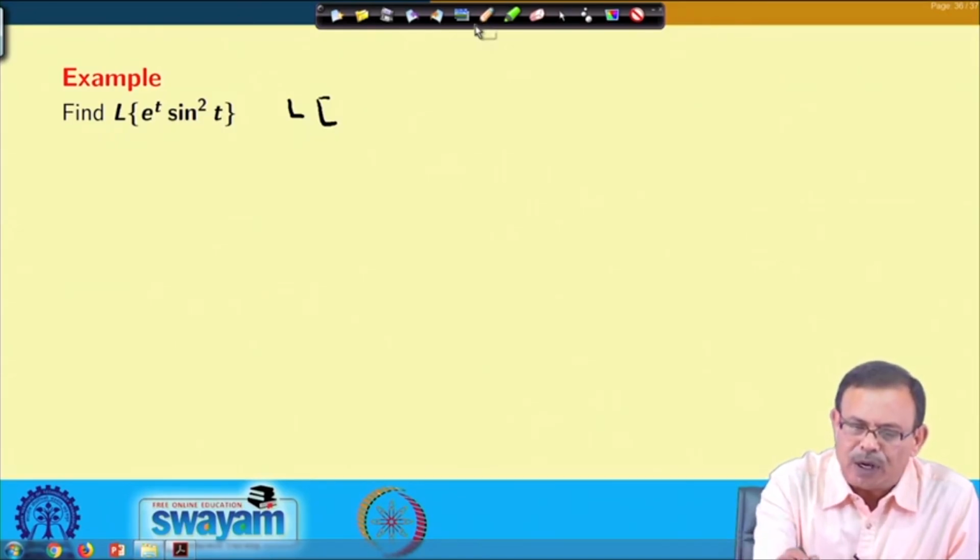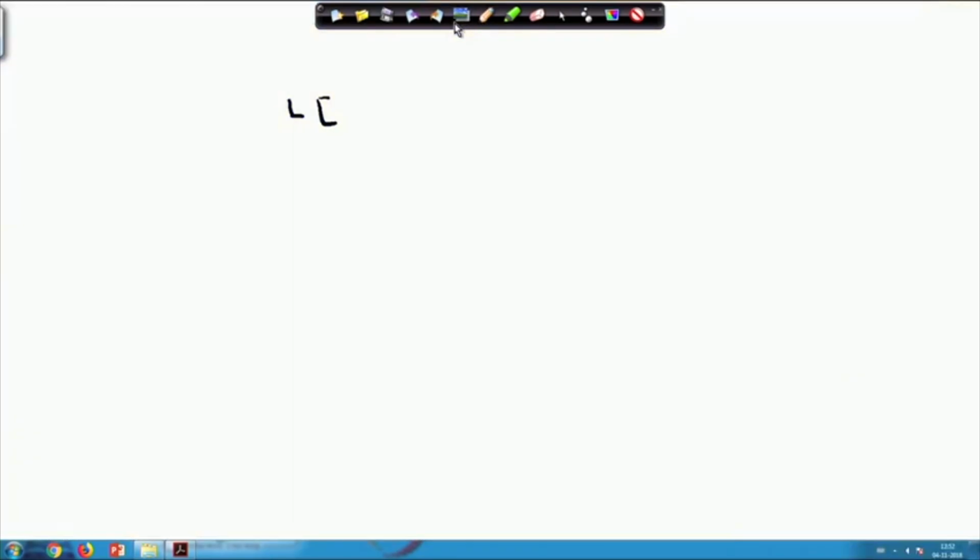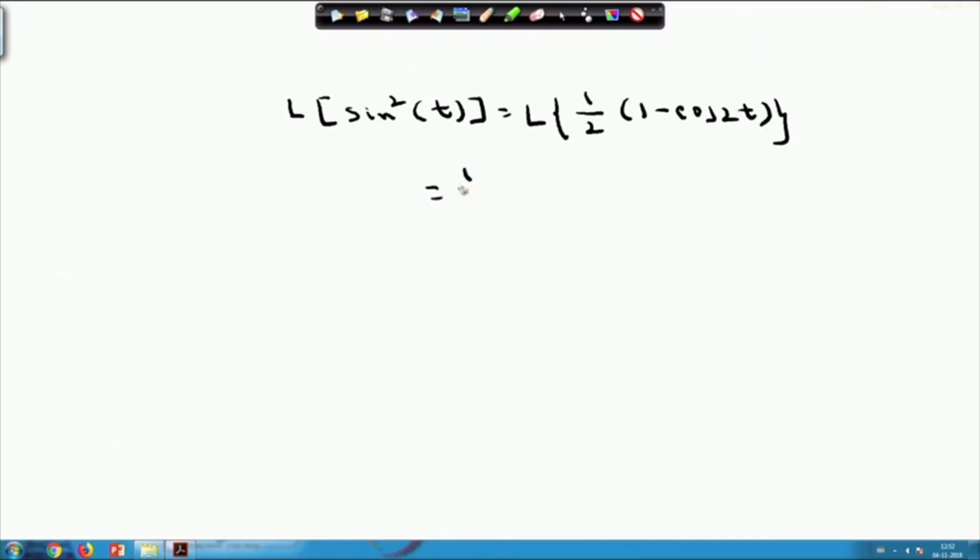So, once I am doing this, Laplace transform of sin square t, using trigonometry I can break it as half into (1 minus cos 2t). I know the Laplace transform of 1, I know the Laplace transform of cos a t, so I can find out easily.